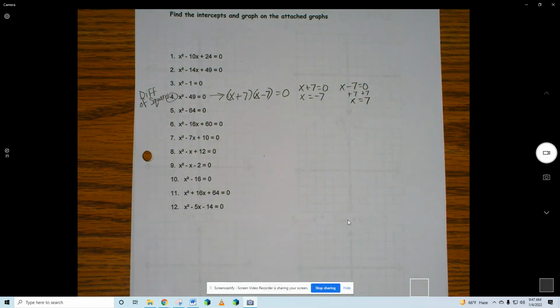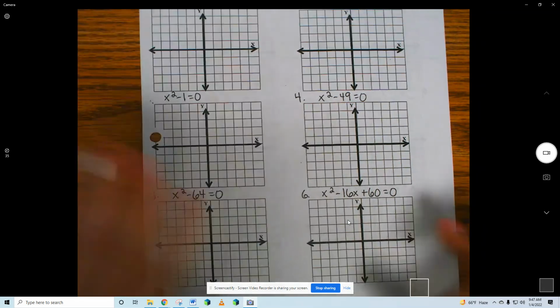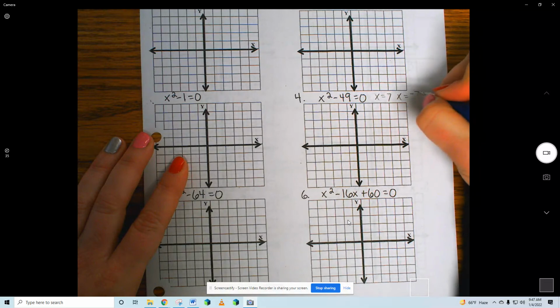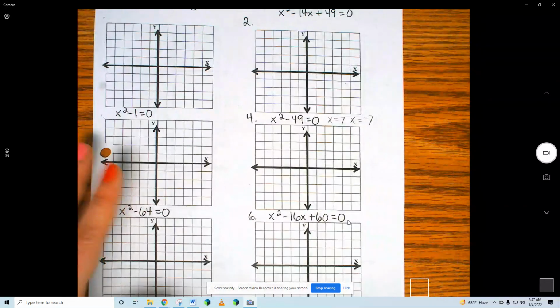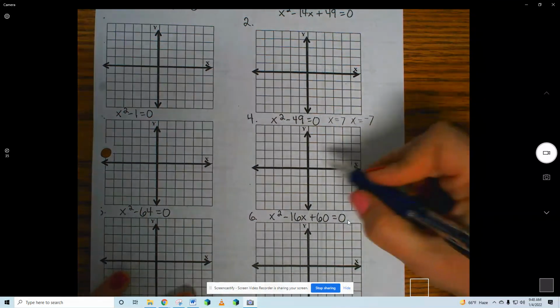That means I'm going to go to the next page, to number 4, and say x equals 7 and x equals negative 7. And then you're like, oh, Mrs. Grant, the graph is a little bit smaller. That's okay, just count. Pretend where it would be, at 7 and at negative 7.